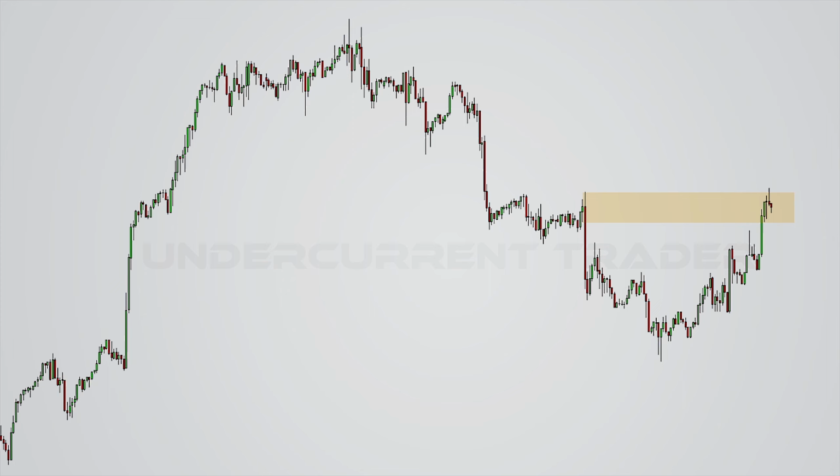So whenever you come across these pattern formations, it is important to know that the optimal entry point is on the short side of the market, after the price, once it enters the supply zone, breaks the previous candle's low on its downward trajectory. It is recommended to position a stop loss just above this point to manage risk effectively.